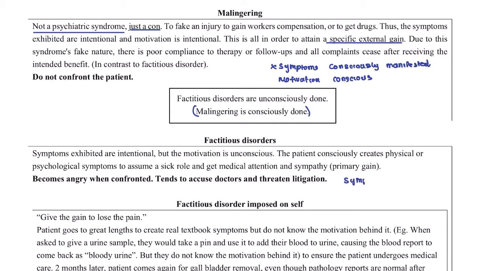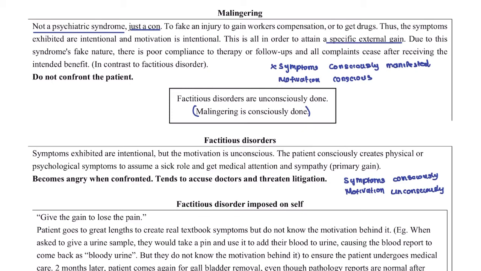Symptoms consciously. Motivation unconsciously. So what this means is they would consciously make up the symptoms. I will give an example. But the motivation behind this, the reason why they are doing it, they have no idea.